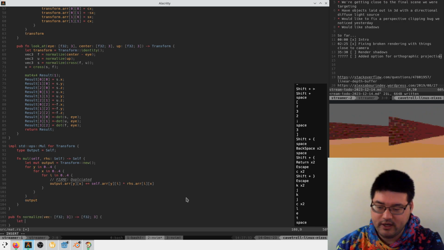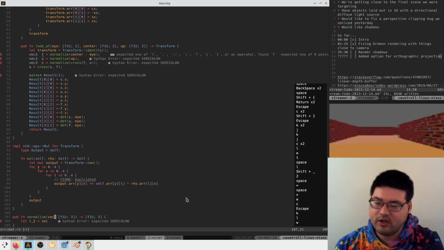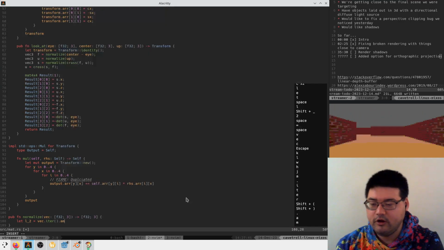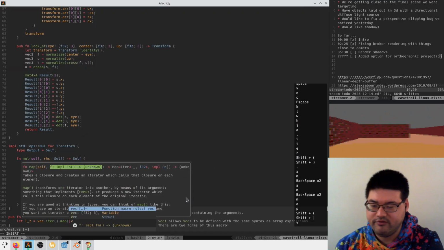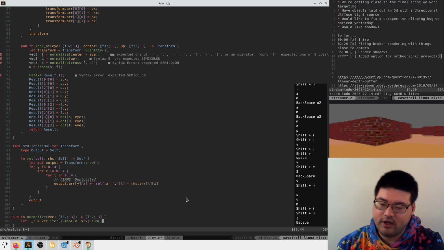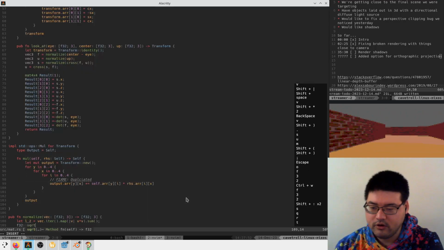So he's going to say let L squared is equal to the vector into as an iterator mapped to the value to the value squared, and then summed up, and then we return f32 squared.